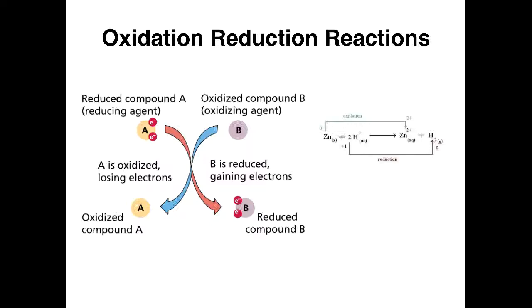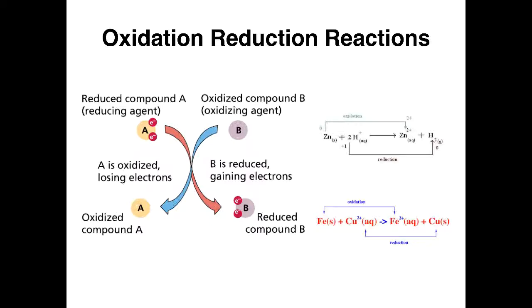And here are the two half reactions. You can see that zinc loses 2 electrons to form zinc 2+ ion. That's a process of oxidation, and zinc is the reducing agent. Hydrogen gains 2 electrons. 2 hydrogen ions gain 2 electrons to form hydrogen gas, and it is reduced. It is the oxidizing agent.